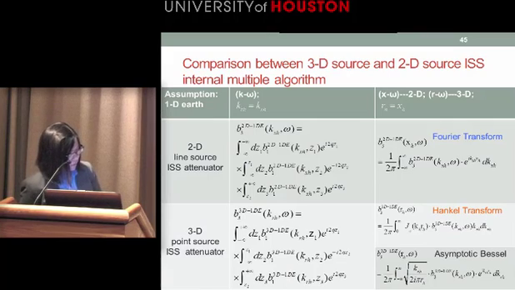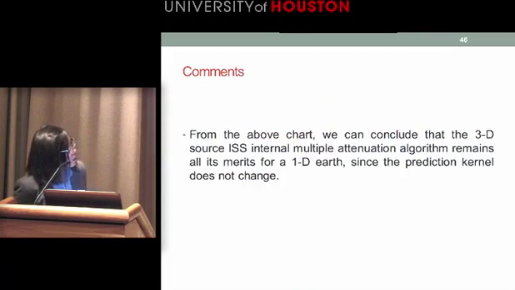Okay, so let me make these comments. From the above chart, we can conclude that the 3D source internal multiple attenuation algorithm retains its merits for 1D Earth, since the prediction kernel doesn't change, which means we need to prepare our data from the spatial domain to the frequency domain by the Hankel transform, and then do the same thing as before.